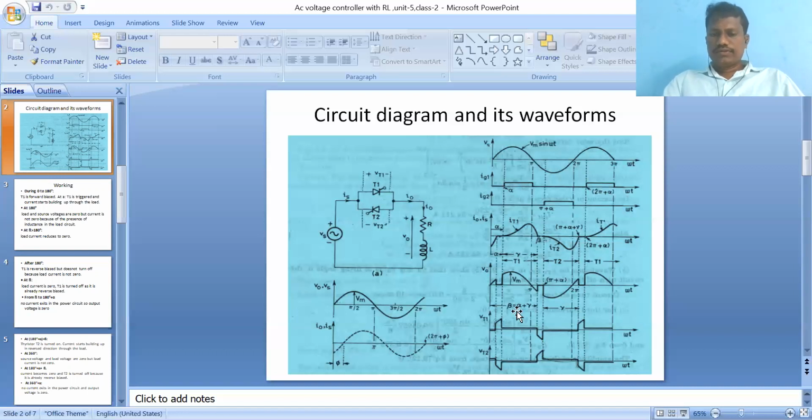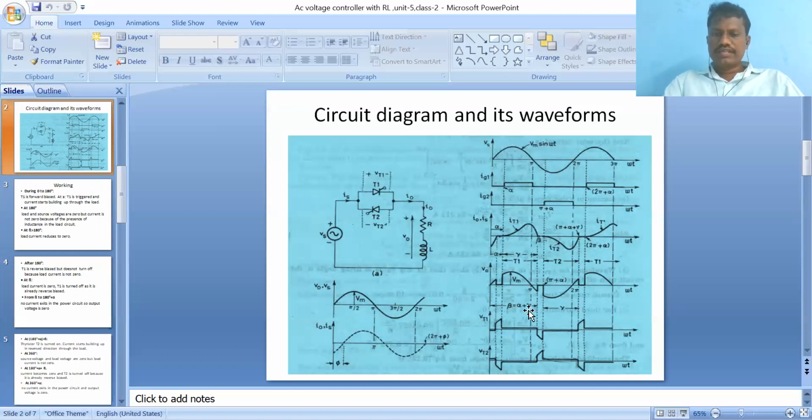Clear? The conduction angle runs from this portion to this portion. Beta is equal to alpha plus gamma.